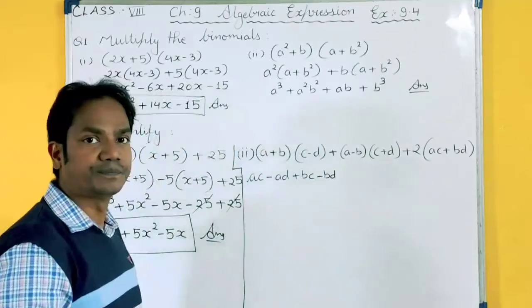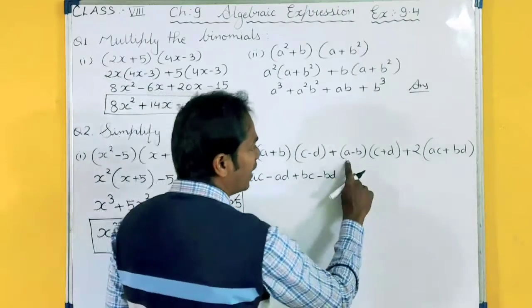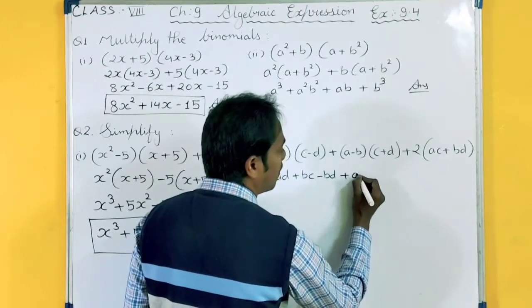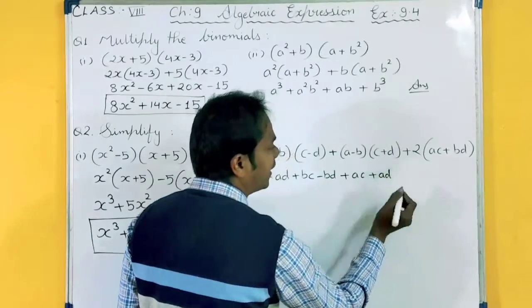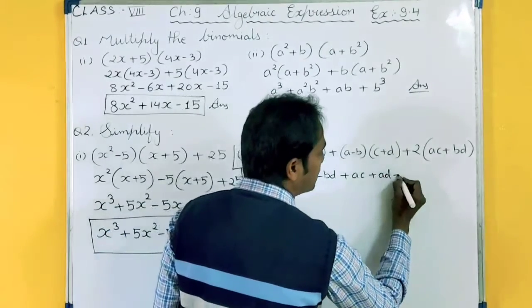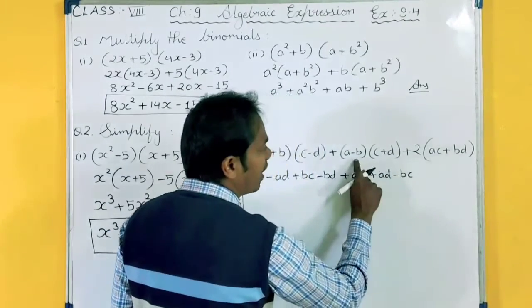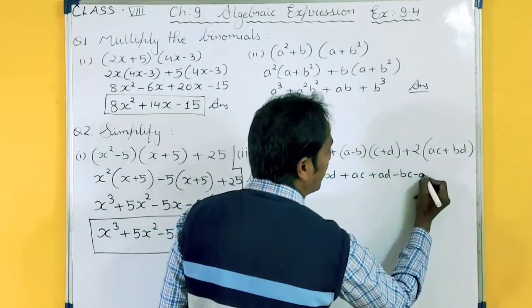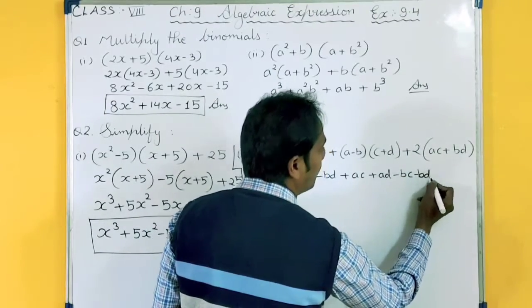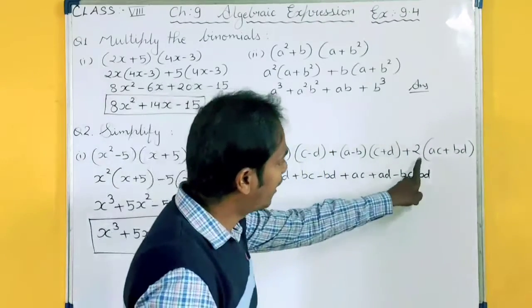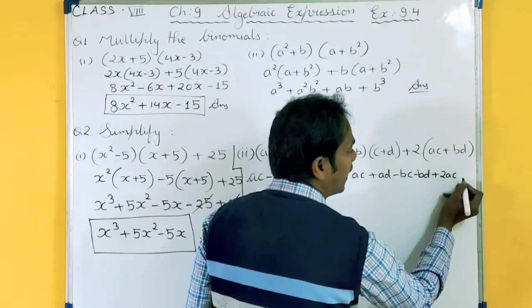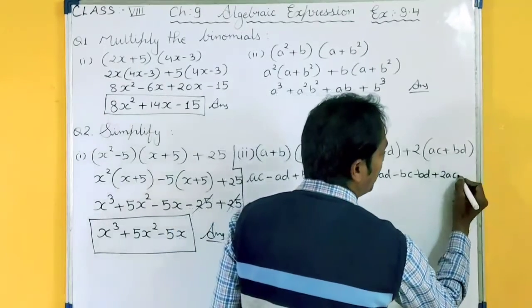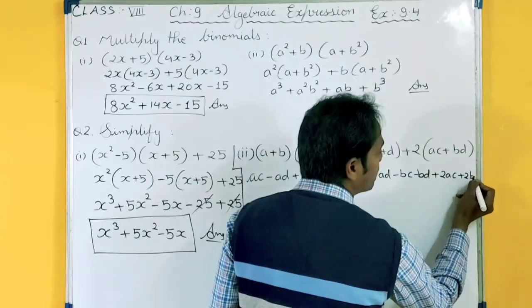Same way I will multiply here also. A multiplied by C is AC, and A multiplied by D is AD, minus B multiplied by C is minus BC, and minus B multiplied by D is minus BD. Okay, and 2 multiplied by AC will become plus 2AC, and 2 multiplied by BD will become 2 times BD.